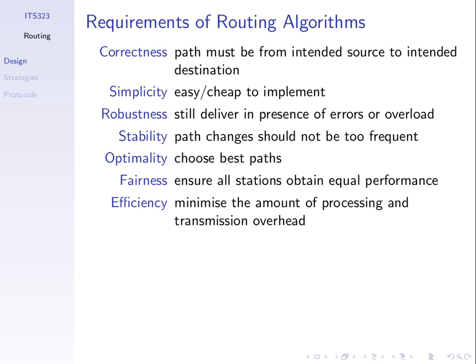Let's say we want to choose a path from node 1 to node 6. So node 1 wants to find a path to node 6. And similarly, node 2 wants to find a path to node 6. And we apply some algorithm to calculate it automatically for us.